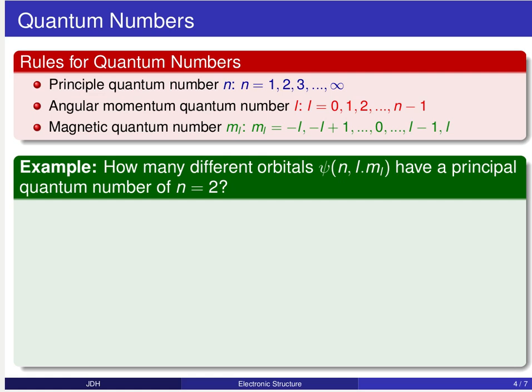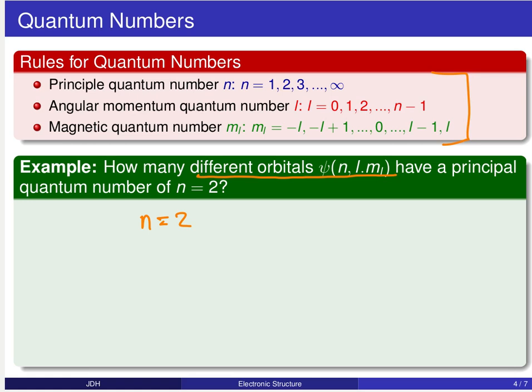Okay, so let's look at an example problem. In this problem, we want to figure out how many different possible orbitals have a principal quantum number of n equals 2. So if we have n equals 2, what we want to do is use our rules here, and we're going to build up a little tree diagram like we did in the previous slide to try and come up with all the possible orbital solutions.